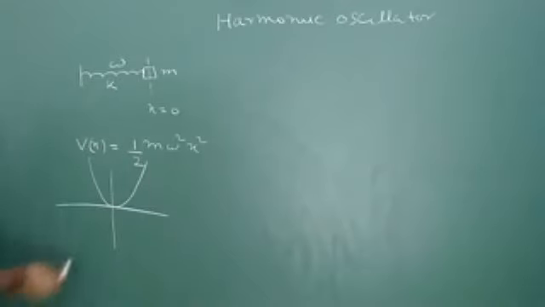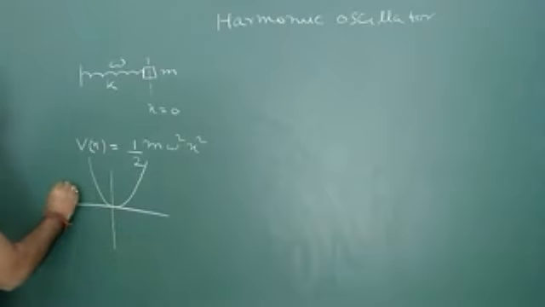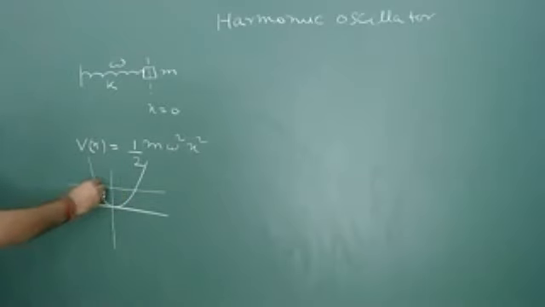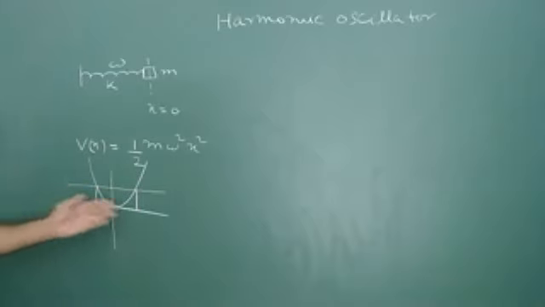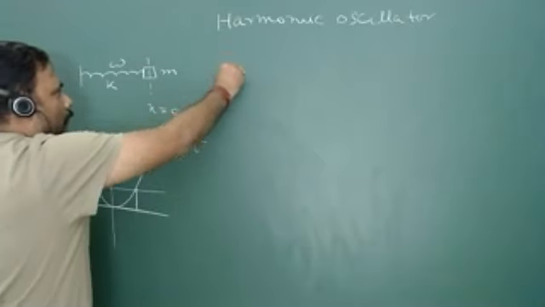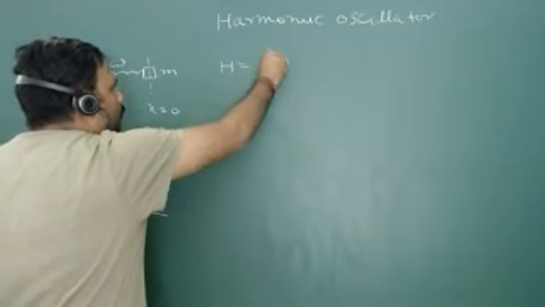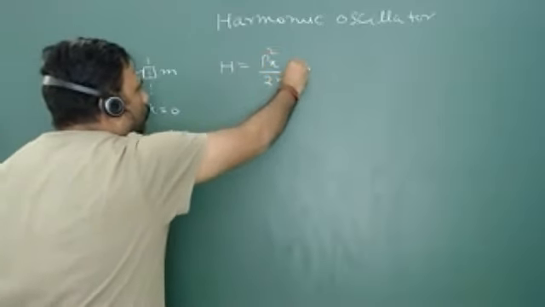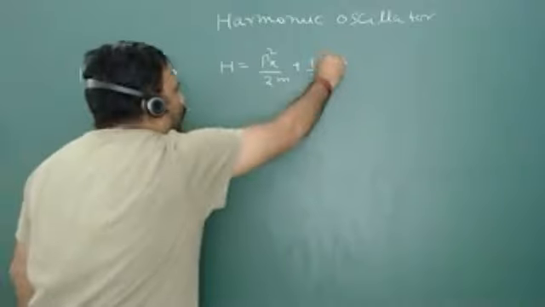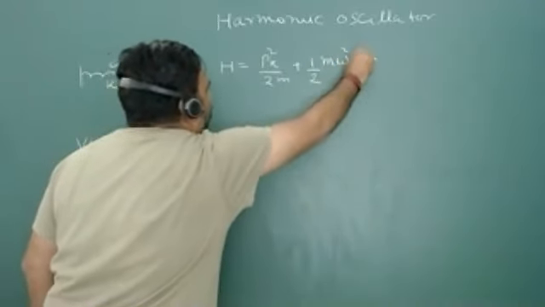Classically, what will happen? Suppose I have this much of energy, the particle will be trapped between these two turning points. We can also identify what these two turning points are. At these two turning points, we have the Hamiltonian, and the Hamiltonian is px square upon 2m plus half m omega square x square.